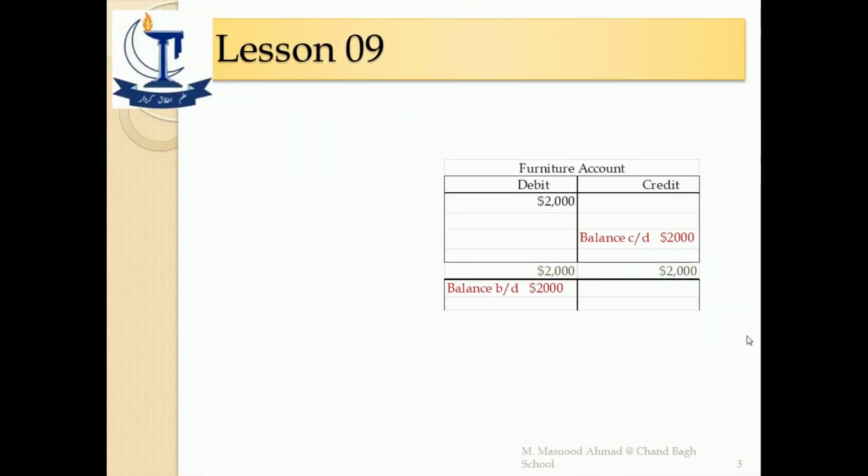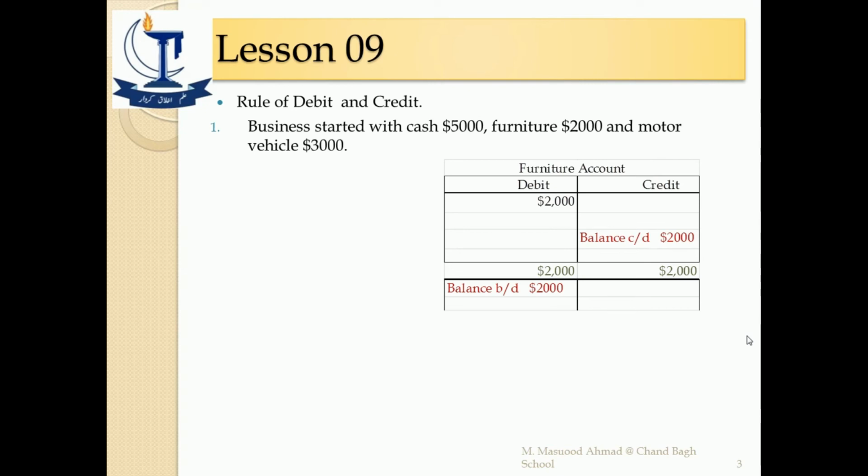So here boys, as you know, in the previous lesson we had the furniture account. The owner gave you 2000 worth of furniture, and in the books of accounts, while preparing, the bookkeeper prepares a furniture account and places 2000 on the debit side. When this period ends, he has to take the balance of this furniture to the next period by the carry down and brought down concept.